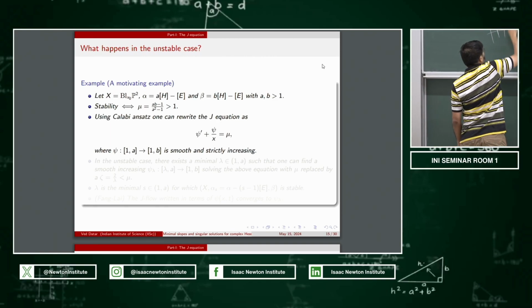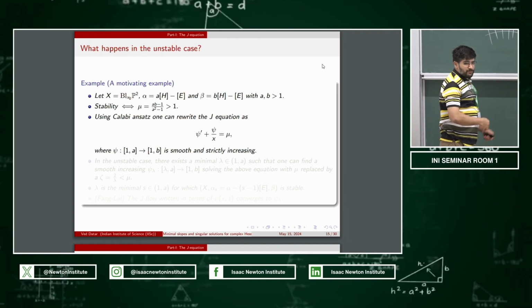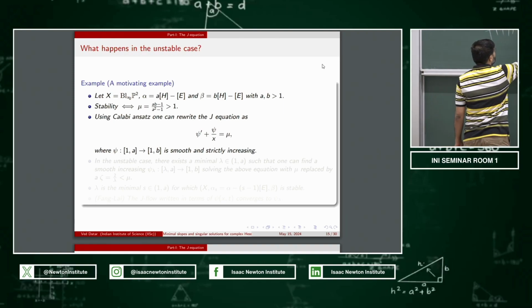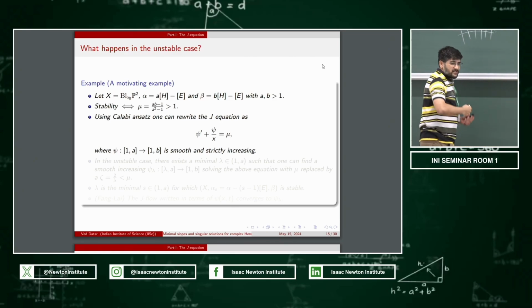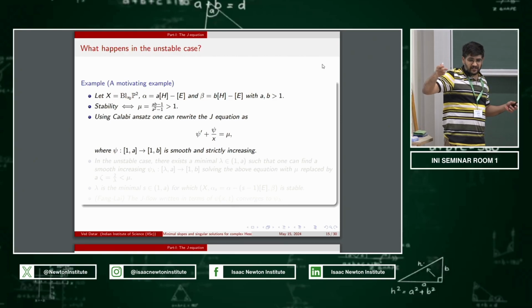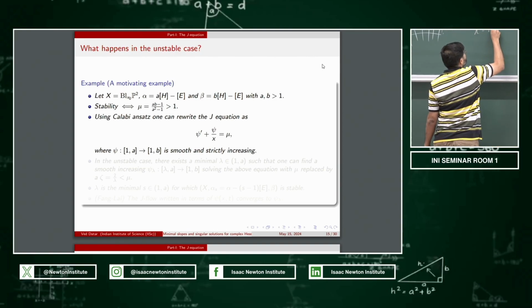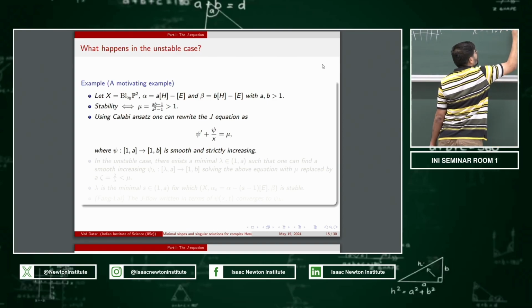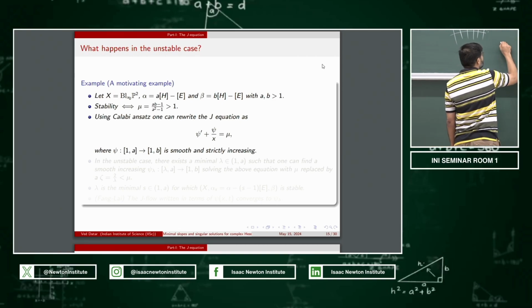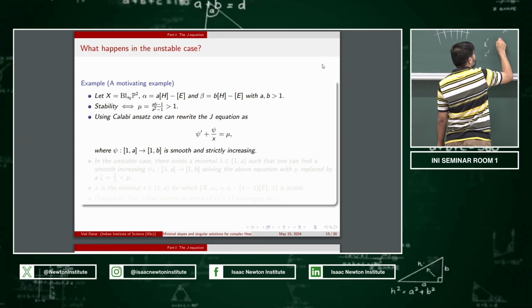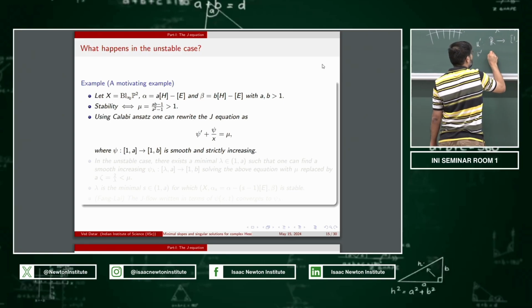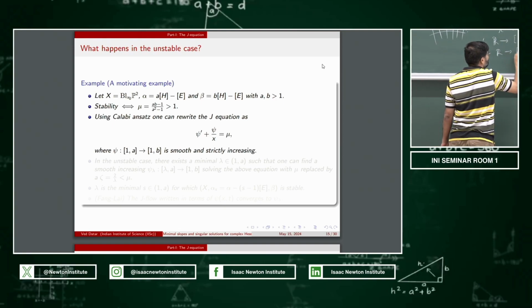You think of the blow-up as this sort of projective bundle, and then rho is basically just the logarithm of the radial coordinate, essentially. Right, and similarly, you put chi as something like this, and then the Calabi Ansatz will tell you that u prime and v prime actually map R to (1,b) and (1,a).